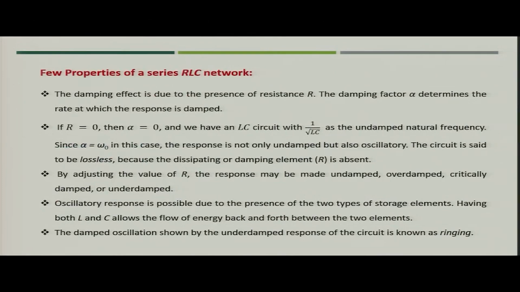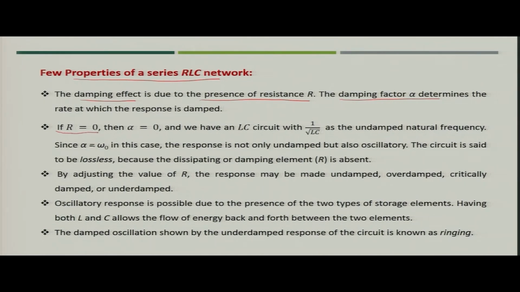Now, let us see the various properties of the series RLC network. The damping effect is due to the presence of resistance R, because the damping factor alpha depends upon R. So, we can tune the value of R and get various kinds of damping effects.